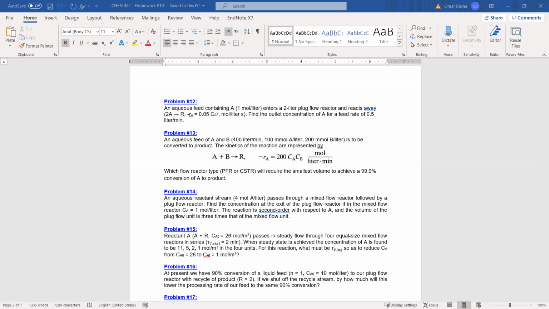The reaction is second order with respect to A, and the volume of the plug flow unit is 3 times that of the mixed flow unit. Again, these are the types of problems where we have 2 CSTRs in series, 1 CSTR followed by 1 PFR, etc. And these are just an exercise in using your performance equations correctly, right? So, this is problem 14.